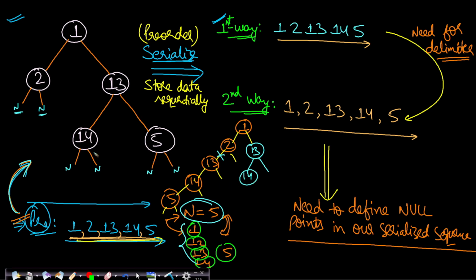And if I know that 14 has 2 null pointers, that means 14 is a leaf node. So obviously 14 will not be pointing to 5. Okay. So in this way, we can keep on guessing and we can easily construct the unique tree, whatever we wanted. So we have to also track the null pointers.